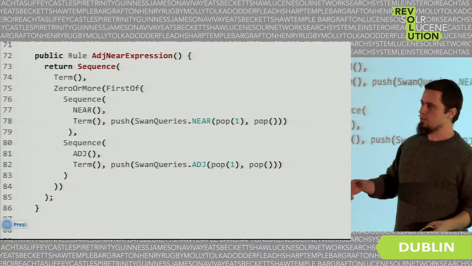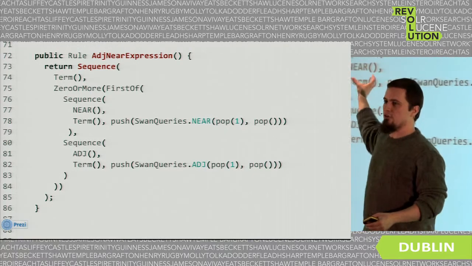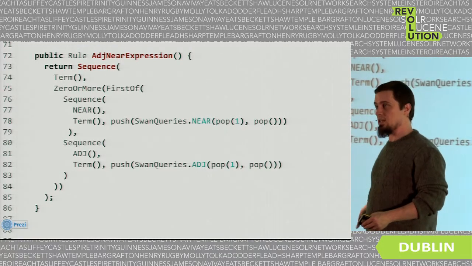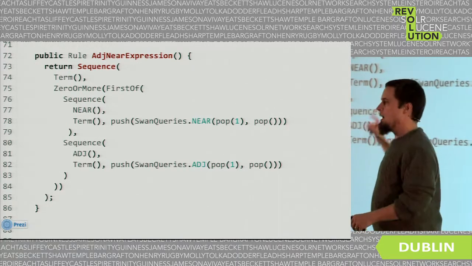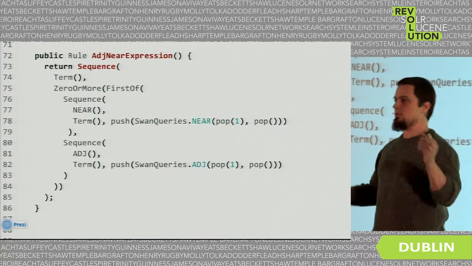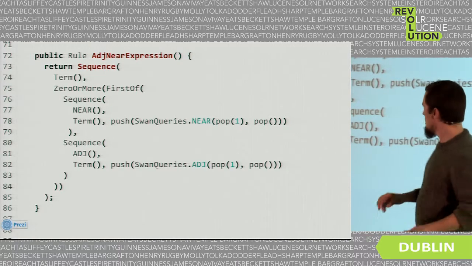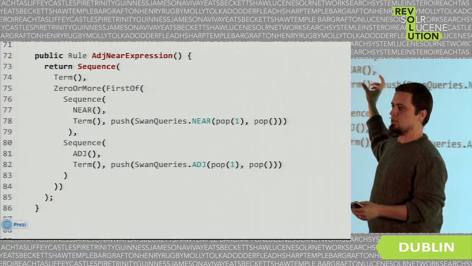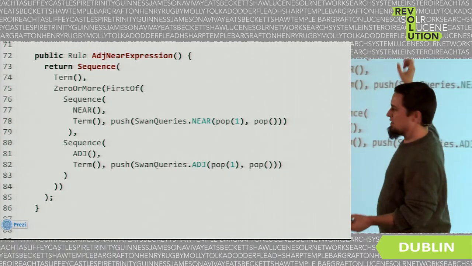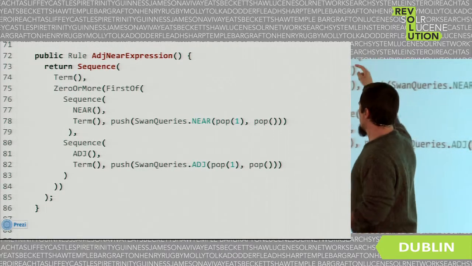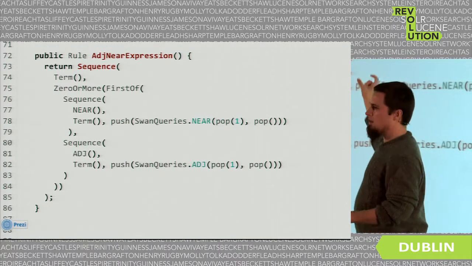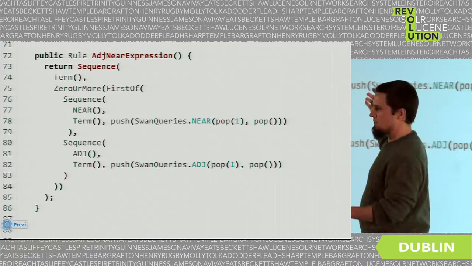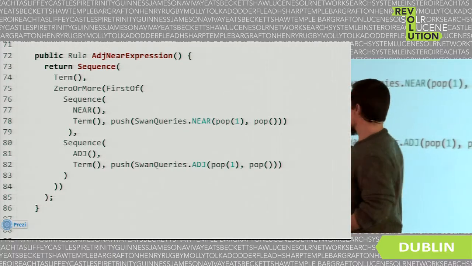And so simplistically, what we did is I created a function that you can look at later. It's actually on the screen. It's just way down there, where I said near is any of those things. There's a little extra syntax. So when you see near, that is basically just the operator. So an adjacent near expression is a term followed by zero or more of these, near plus another term, for example, or adjacent plus another term.